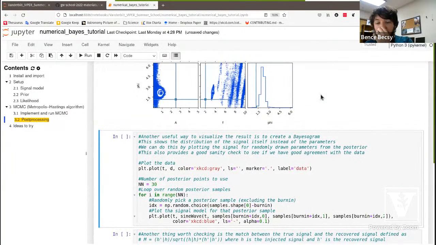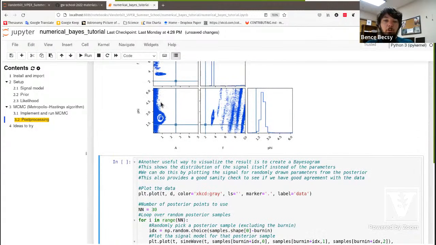Okay, another diagnostic that might help us see what's happening here is that we can plot something called the posterior predictive plot. In the previous plot, we just plotted the distribution of all the parameters. But what we can do instead, which sometimes is more informative, is calculate the actual waveform, the form of the signal, for some of these samples and plot them.